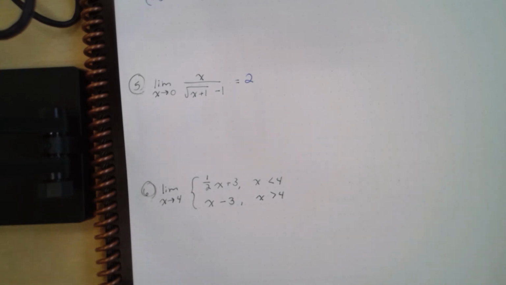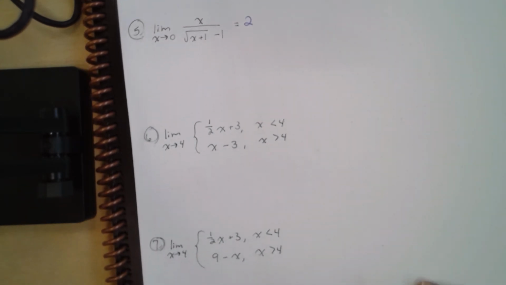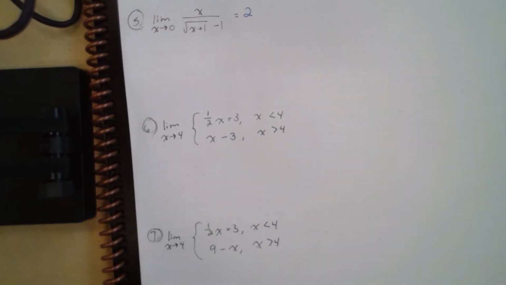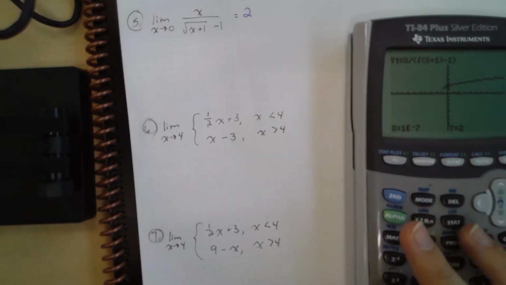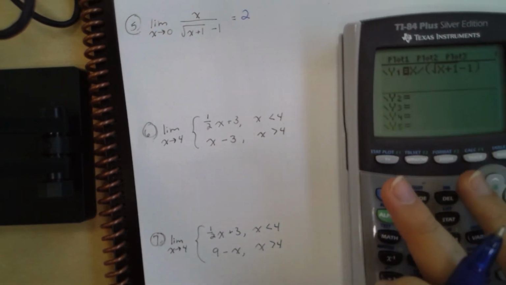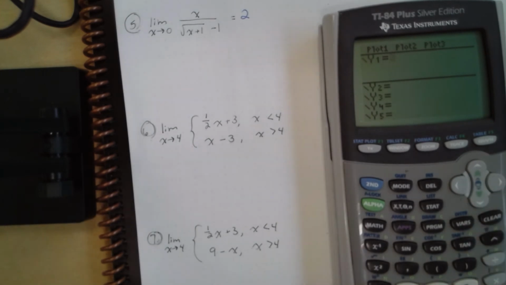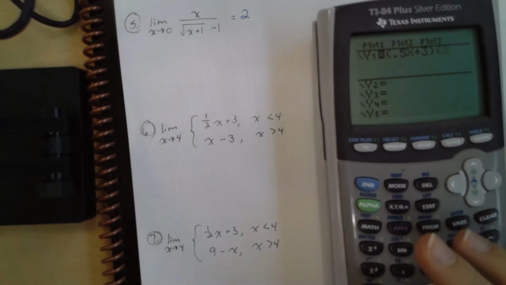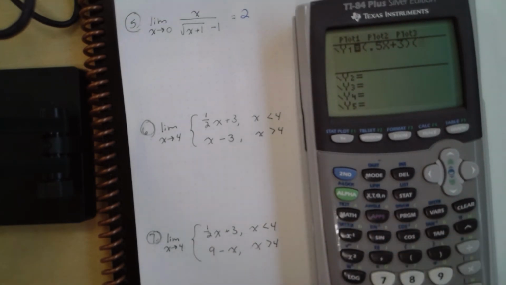Okay, let's look at number 6. Now number 6, we've got a piecewise function. So we want to be able to enter that in our calculator. And actually there's a way to do this in your calculator without even having to write this in 2 lines. So we're going to write y equals parentheses 0.5x plus 3 close parentheses open parentheses. Can you see that okay?